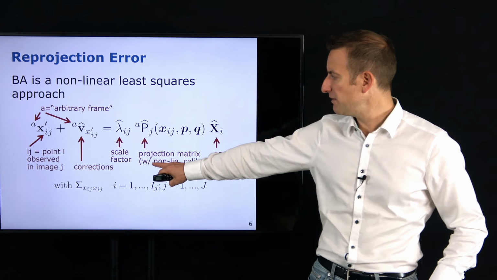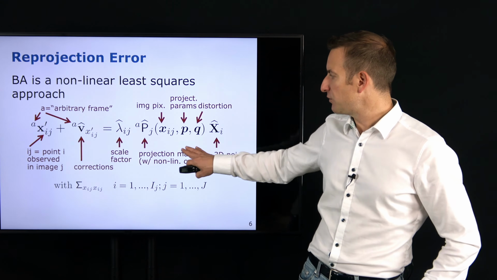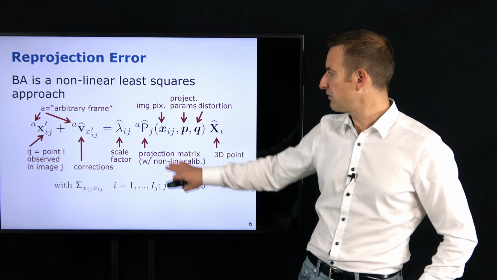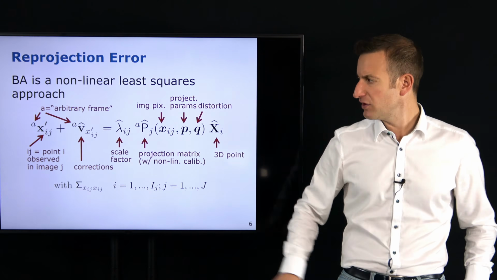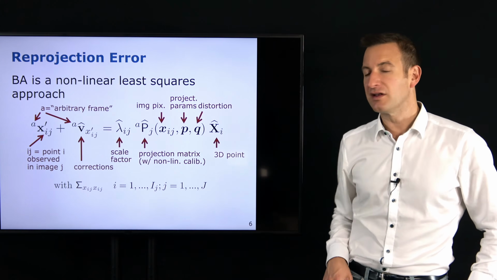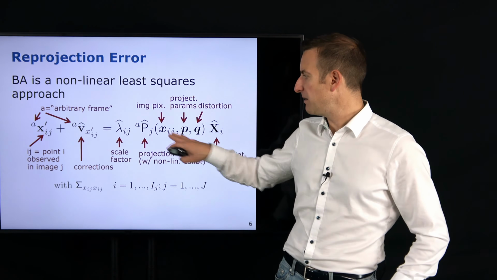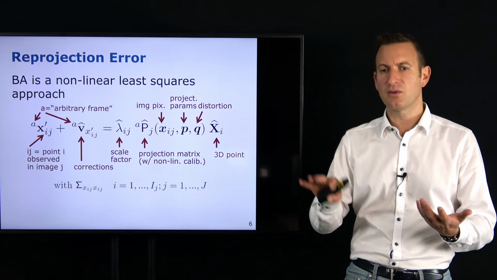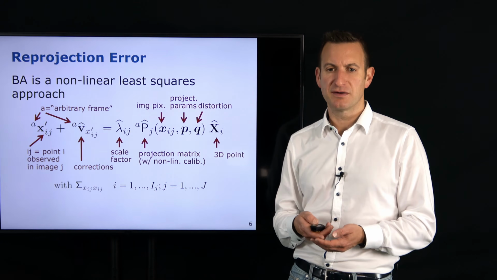So we have the scale factor, our projection matrix, our 3D point, and the projection matrix has several parameters. These are the projection parameters, the extrinsics and the intrinsics, as well as some nonlinear distortion parameters that I need to take into account. And this may even be pixel dependent. Depending on where a point is projected to in the image, I need to apply a different correction.